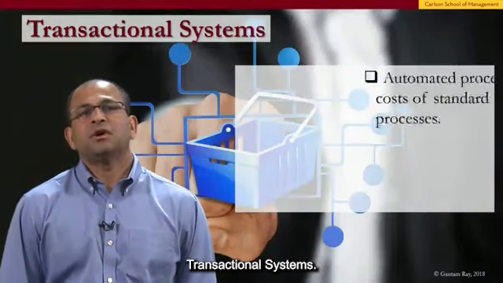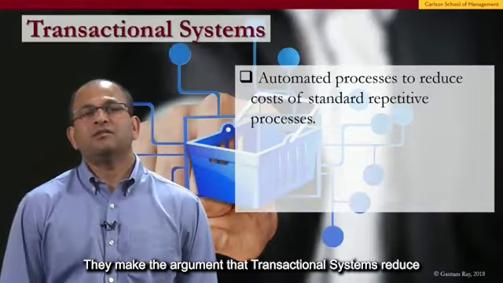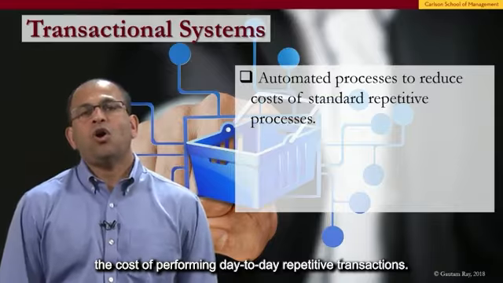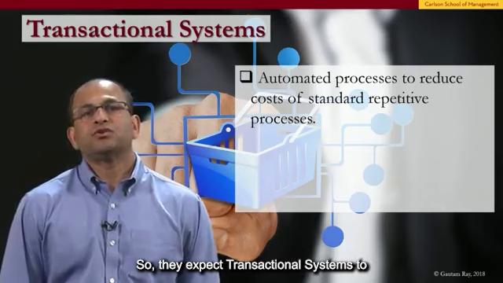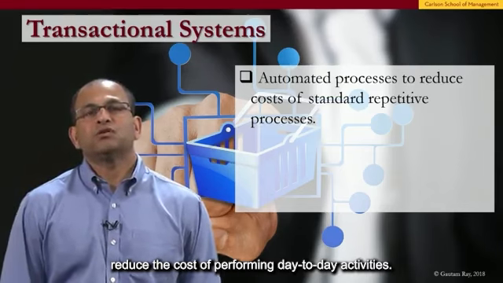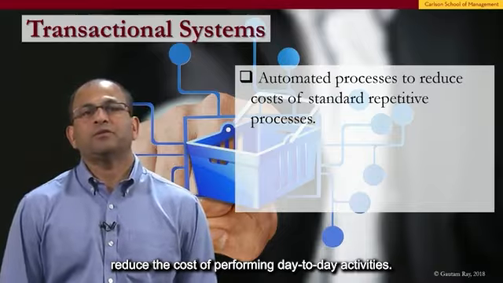Transactional systems. They make the argument that transactional systems reduce the cost of performing day-to-day repetitive transactions. So they expect transactional systems to reduce the cost of performing day-to-day activities.